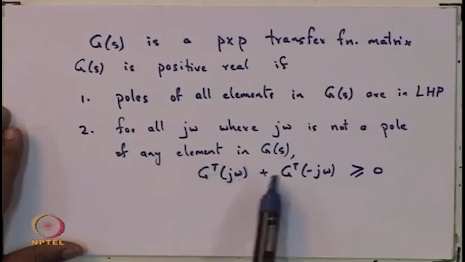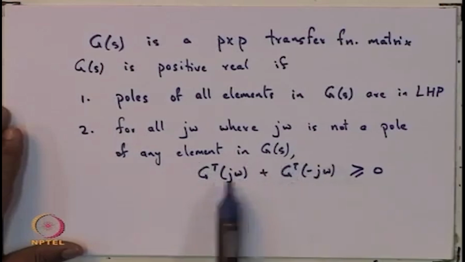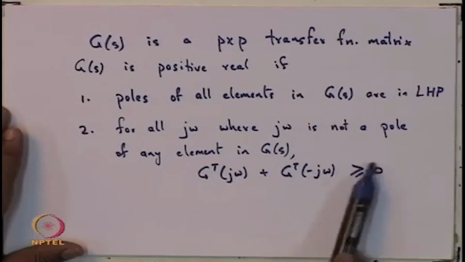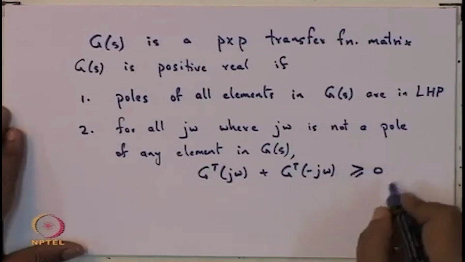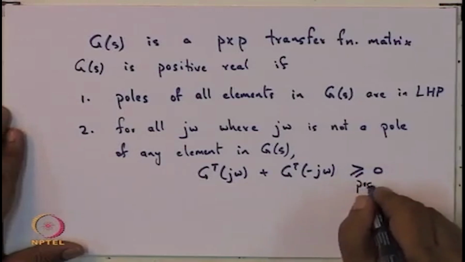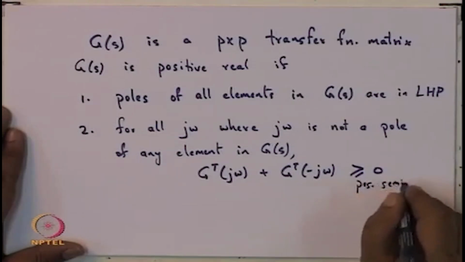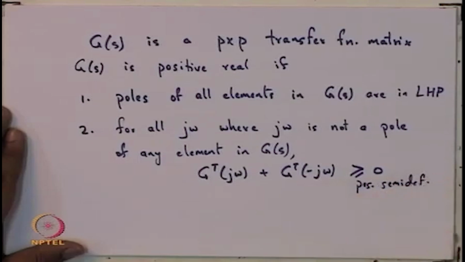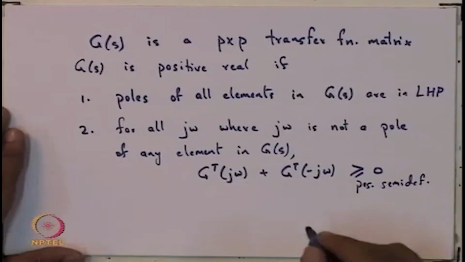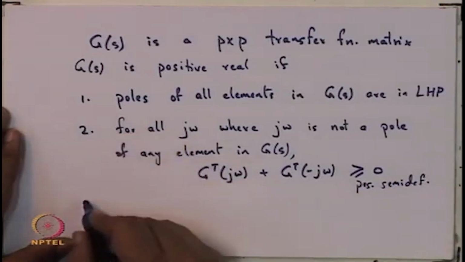But of course, remember these are matrices. So, the sum of these two matrices, one is claiming, is a positive semi-definite matrix. Okay. And there is one more condition.